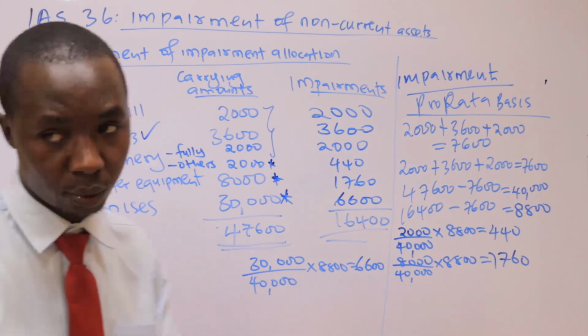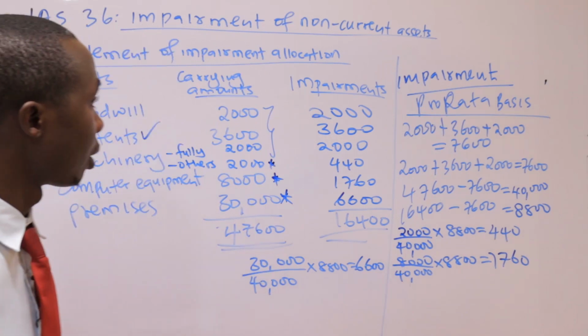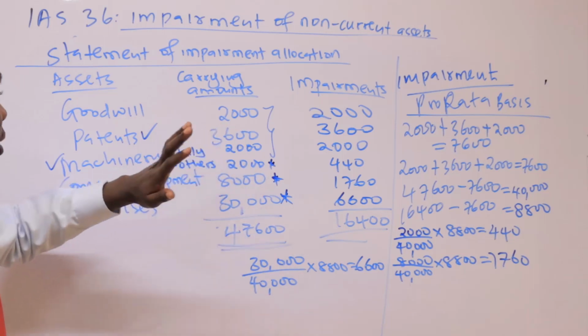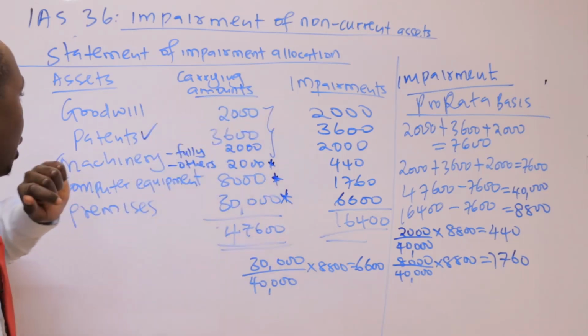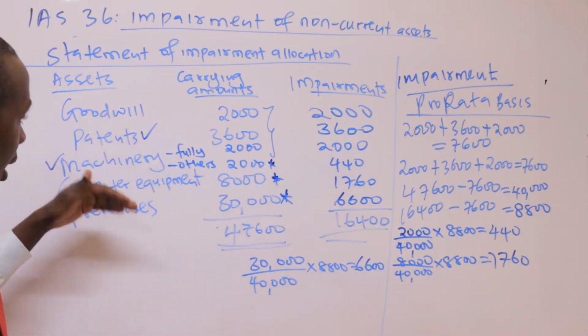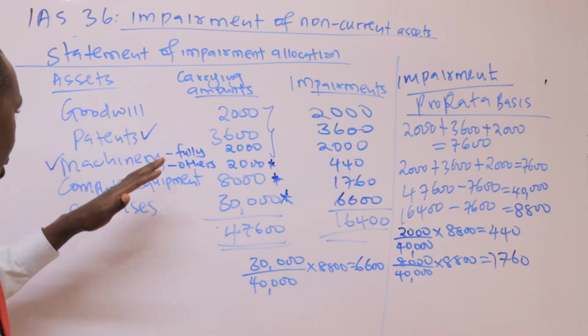It was question 2A. So now to determine the impairment, you do the statement of impairment allocation to the various assets. When you have goodwill, you allocate the goodwill in full value. To the other assets, on a pro rata basis, unless otherwise specified.